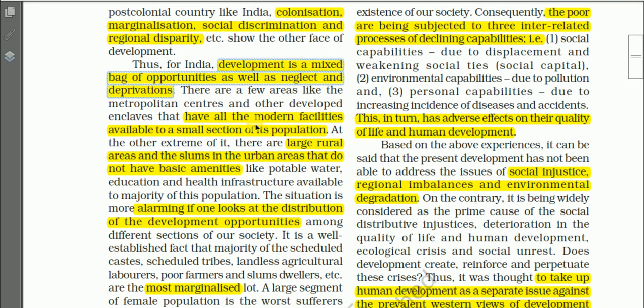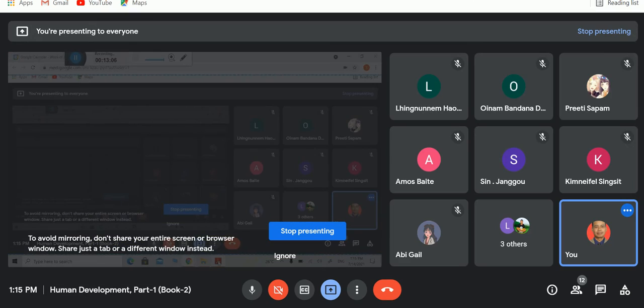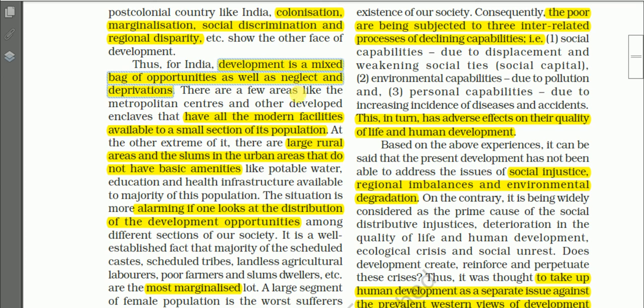Deprivation, you know, can any one of you tell me what you mean by deprivation? Deprivation means not getting something which you are entitled to.